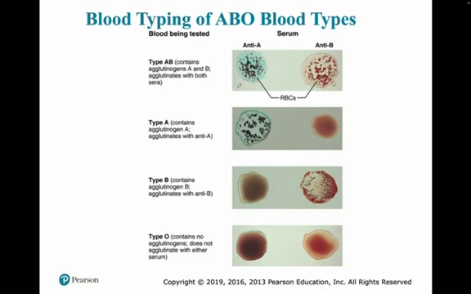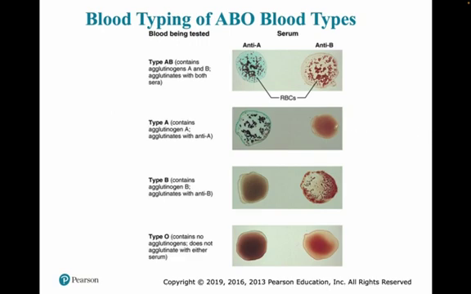Let's start with A. Suppose you have a person with A blood group, and you give anti-A antibody. Only the A blood group will clot, because A obviously does not like the anti-A antibody.